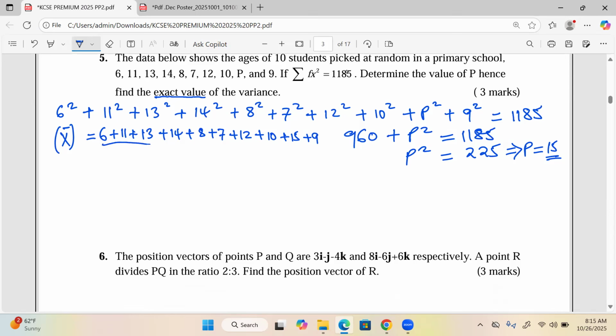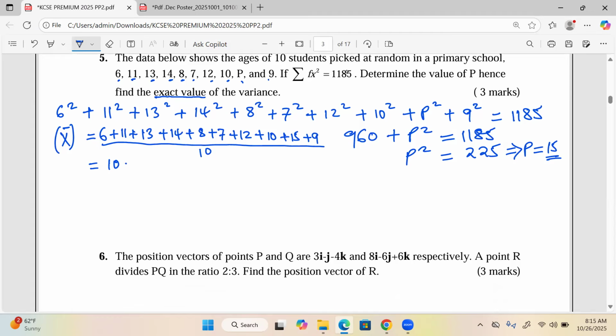We are not squaring them. We are simply finding mean out of 10. Adding: 6 and 11 is 17, 30, 44, 52, 59, 71, 81. Now 81 plus 15 comes 96, plus 9 gives us 105 over 10.